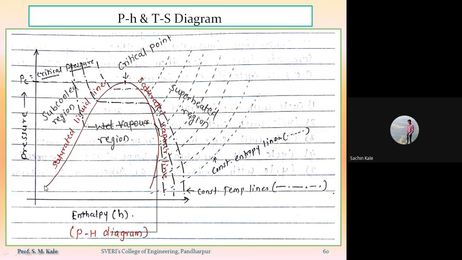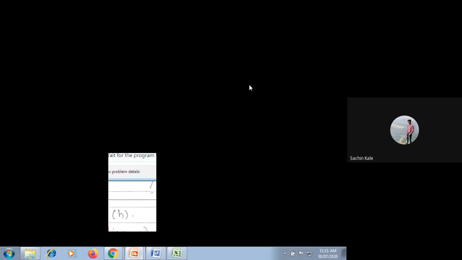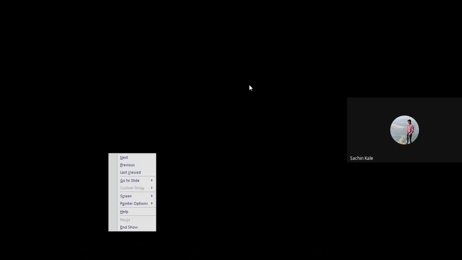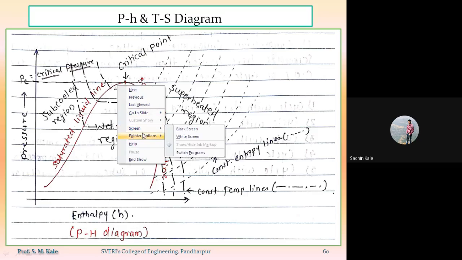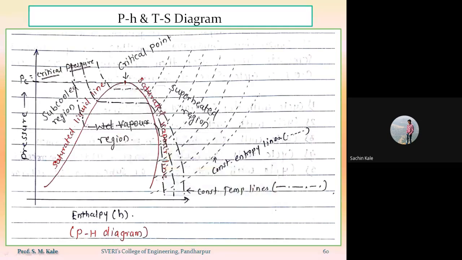This line is called the saturated liquid line. Out of this, whatever this line is, this is called the saturated liquid line. Up to this point, there will be the saturated liquid line.